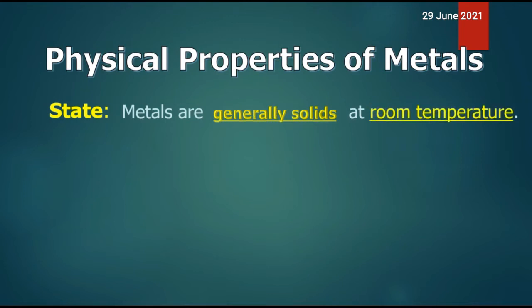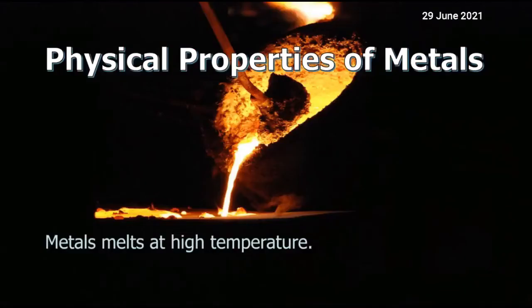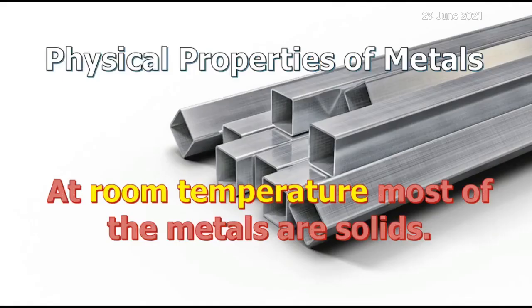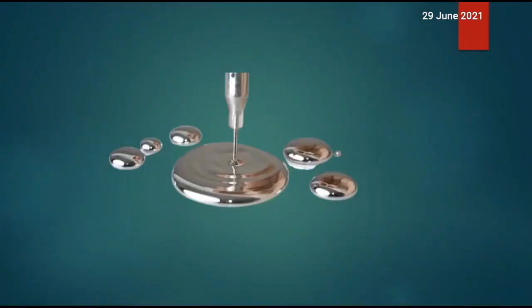because most of the metals melt at very high temperature. But at room temperature, they are solids. But wait a minute. There is a metal which is not a solid, and that metal is called mercury.